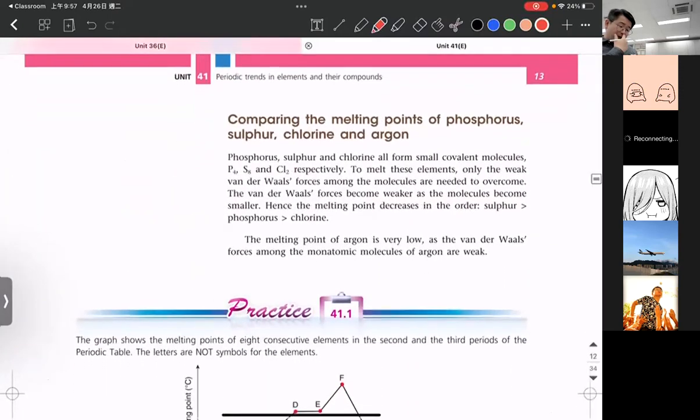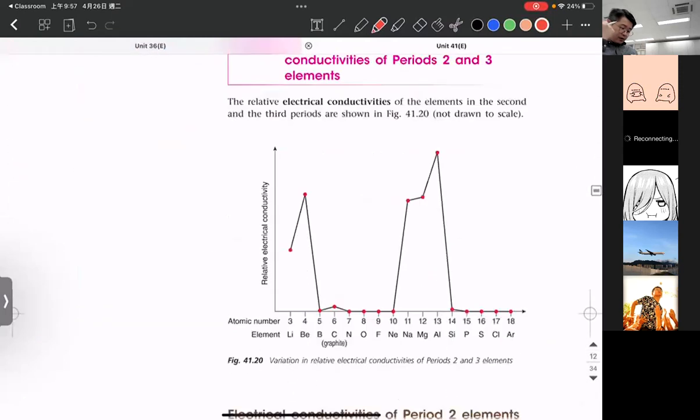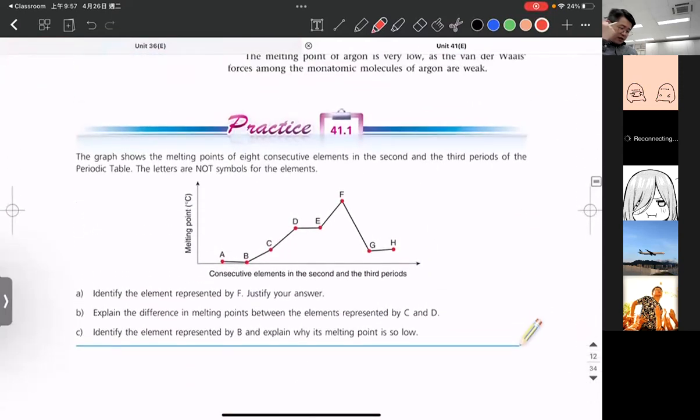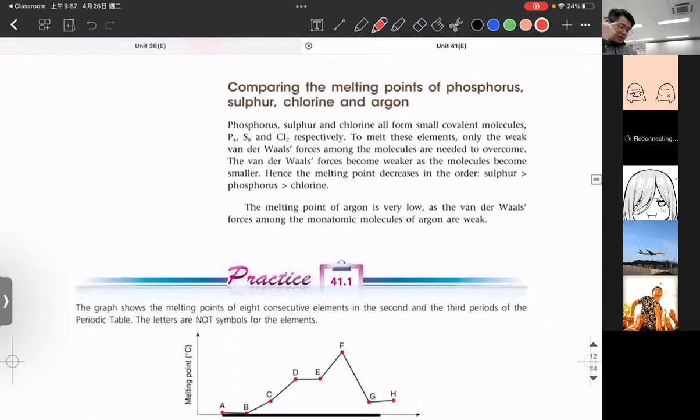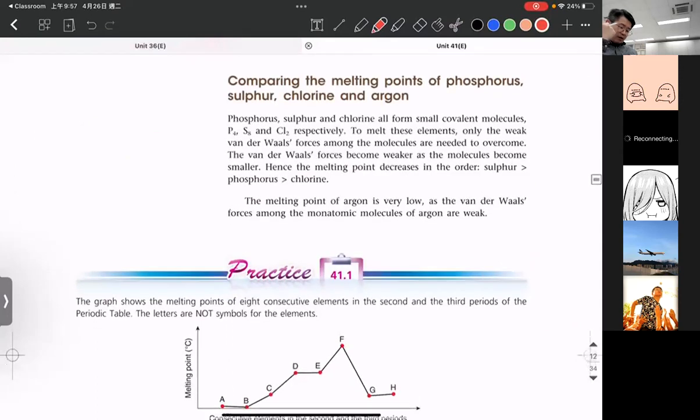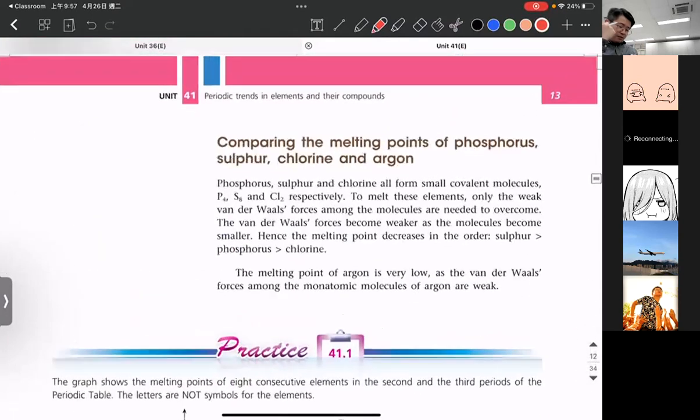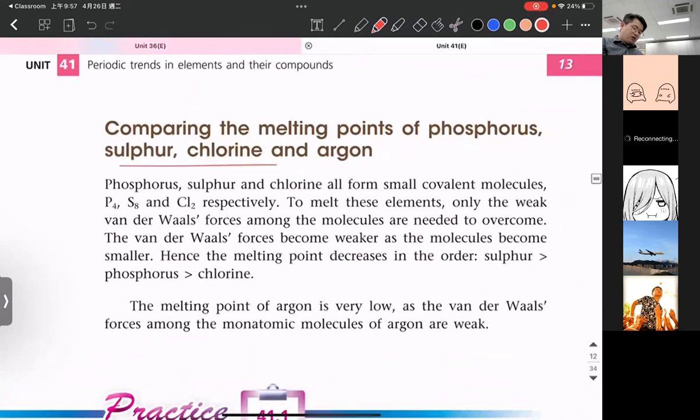Now, before we end the lecture today, we would focus on this class practice. You're comparing the melting point between them: period 3, sulfur, chlorine, and argon. You have to memorize these two, especially. Do you still remember? P4, S8, Cl2 and Ar, argon being monoatomic.